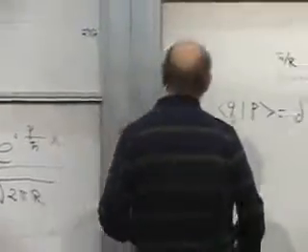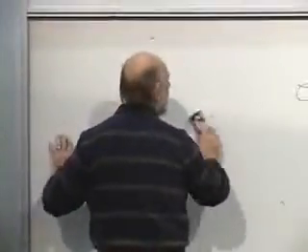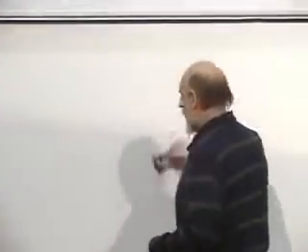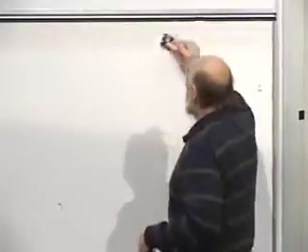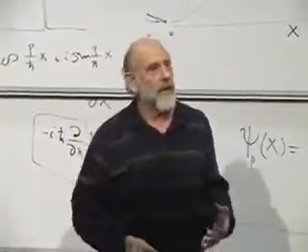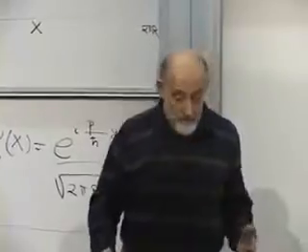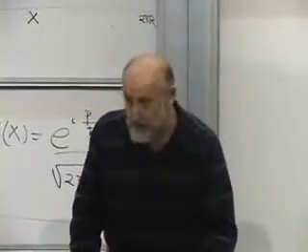But let's discuss a little bit the idea of simultaneously specifiable. Two variables are called compatible if you can specify both of them simultaneously. Position and momentum are not compatible in that sense.